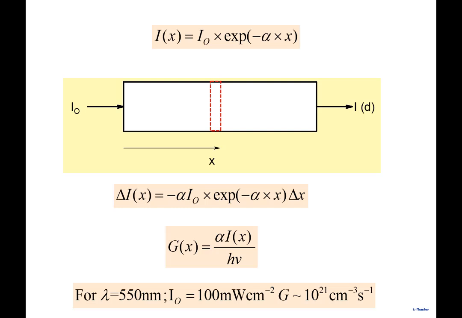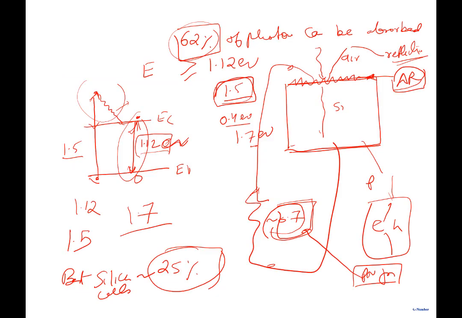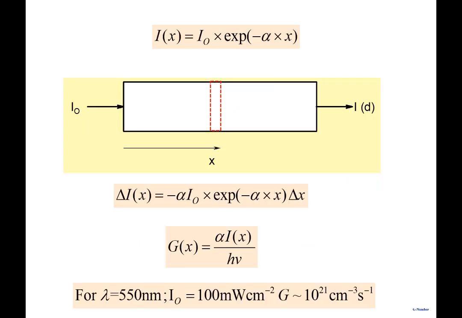Okay, so we've been talking about alpha and intensities. If there is a number that you need to keep in mind, when you look at semiconductors and the continuity equation, there is a generation term G. So how much generation rate occurs as a result of solar?